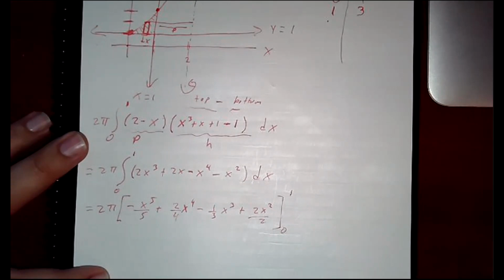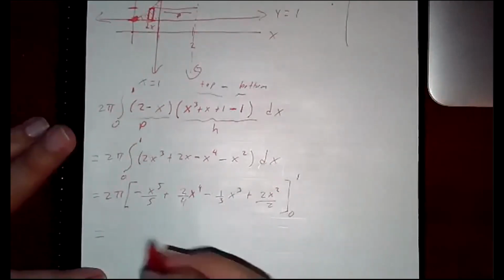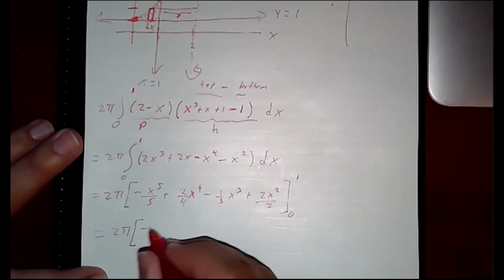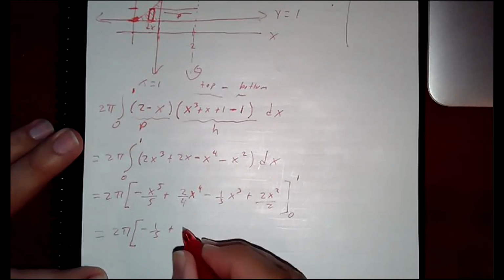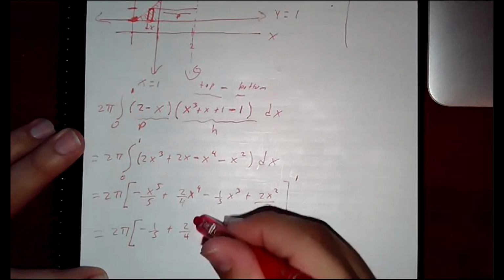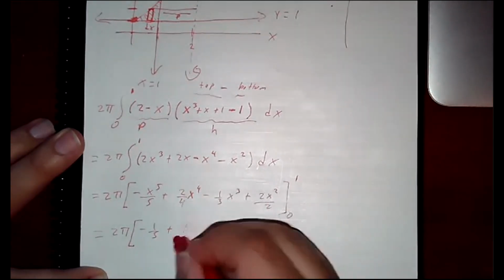So just plug in the numbers and you will get 2 pi times negative 1/5 plus 2/4. Well, 2/4 is just 1/2, right?